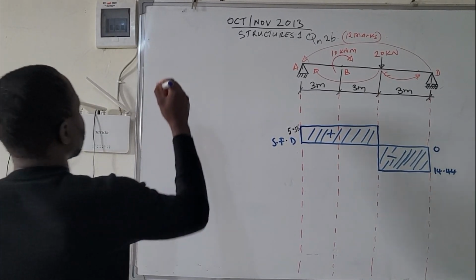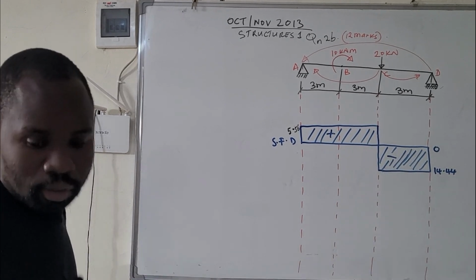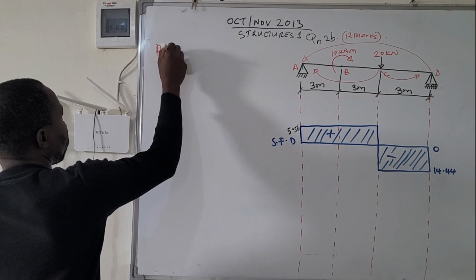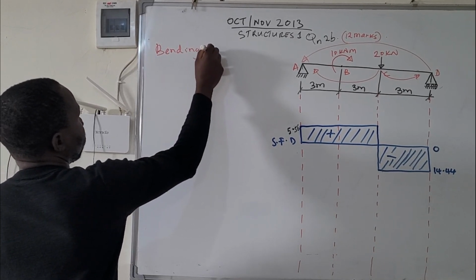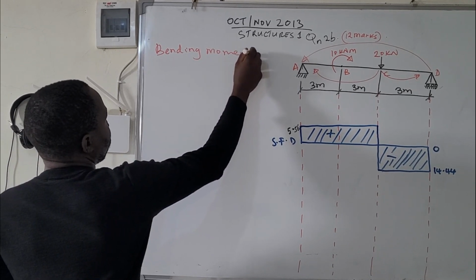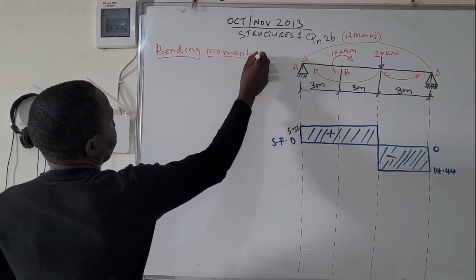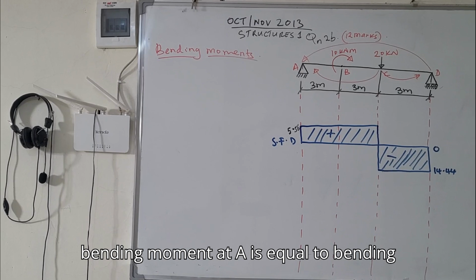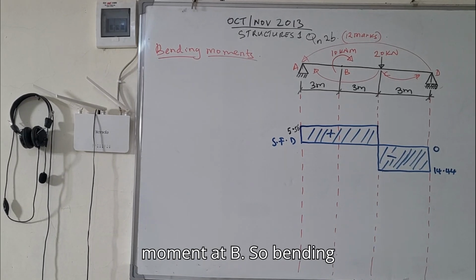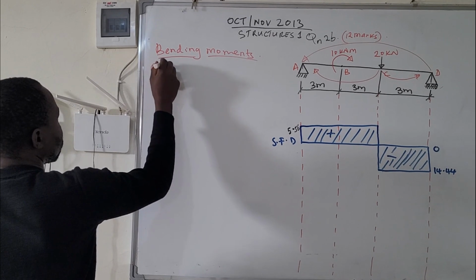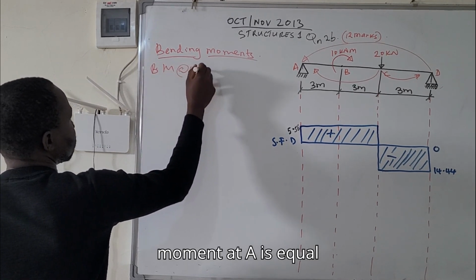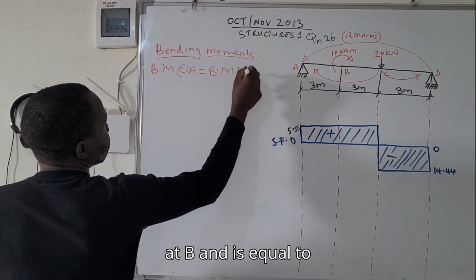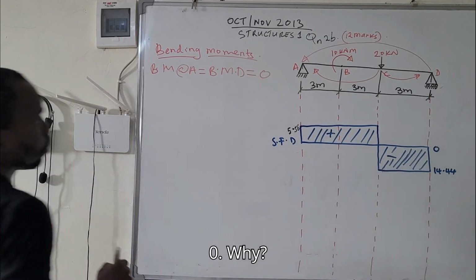So bending moment at A is equal to bending moment at D, and is equal to 0.